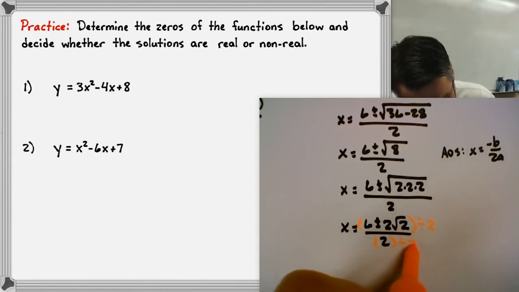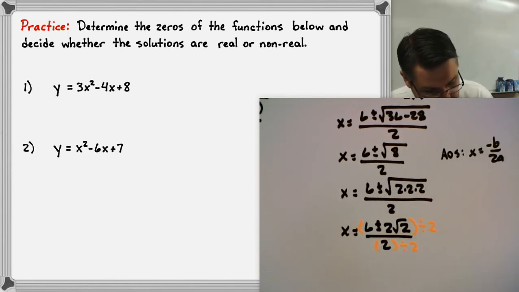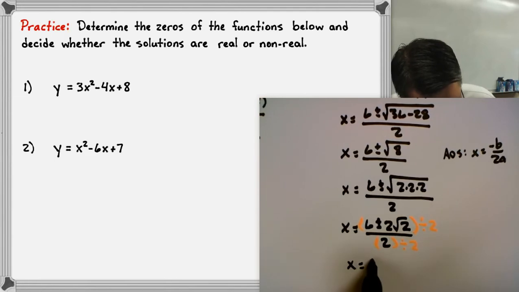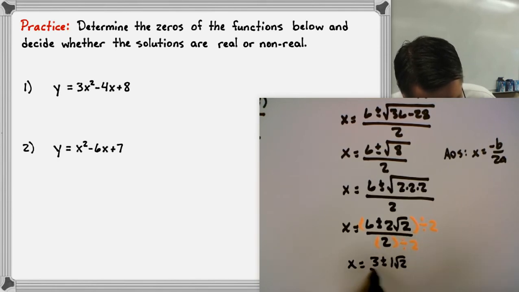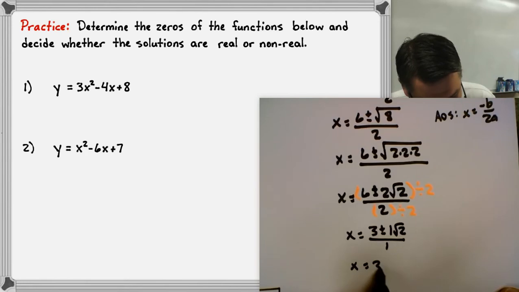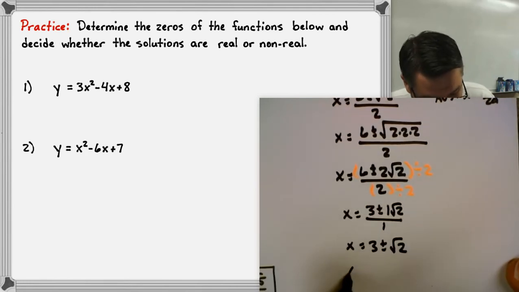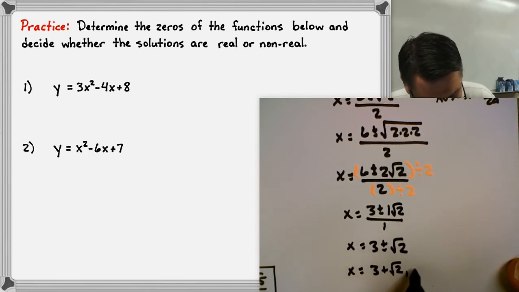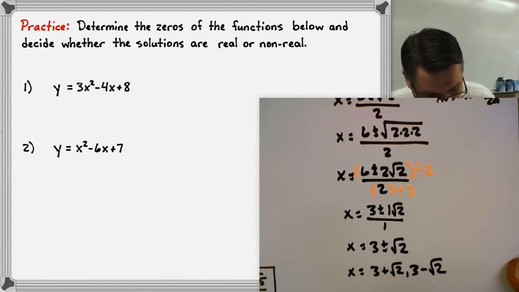So we'll divide all of that by 2. And we end up with x equals 3 plus or minus 1 radical 2, all over 1. But that all simplifies to just say x equals 3 plus or minus radical 2, okay? Or we would write it x equals 3 plus radical 2 and 3 minus radical 2, okay?